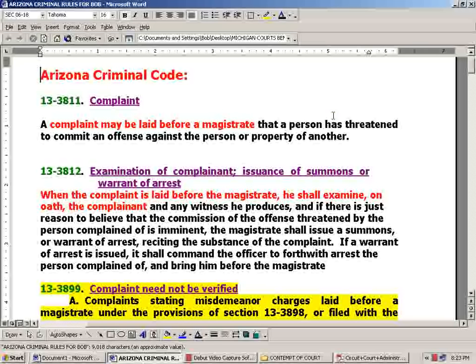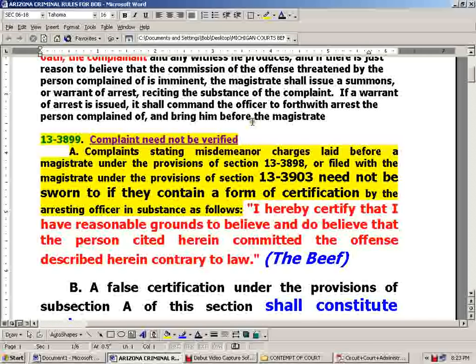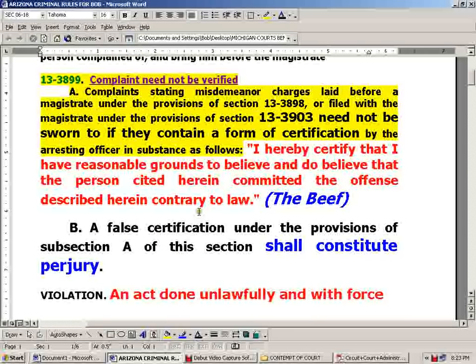Arizona Criminal Code. Complaint. A complaint may be laid before a magistrate. Complaint need not be verified. Complaints stating misdemeanor charges laid before a magistrate under the provisions or filed with the magistrate under the provisions need not be sworn to if they contain a form of certification by the attesting officer in substance as follows: I hereby certify that I have reasonable grounds to believe and do believe that the person cited herein committed the offense described herein contrary to law.